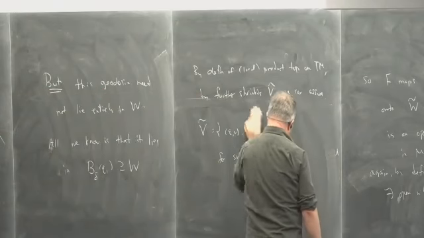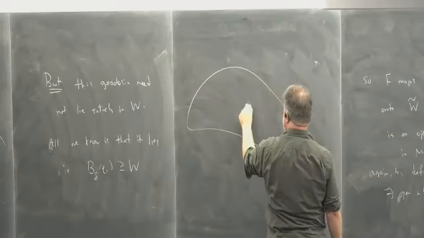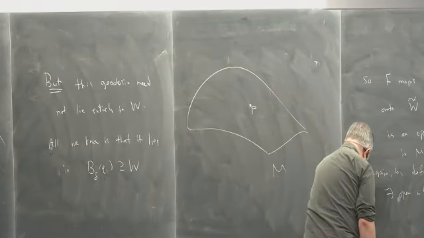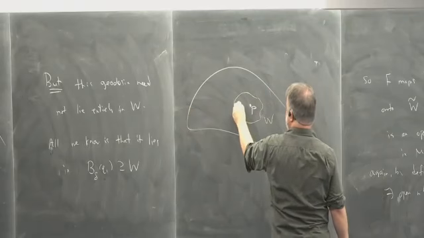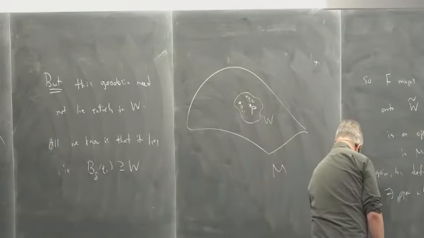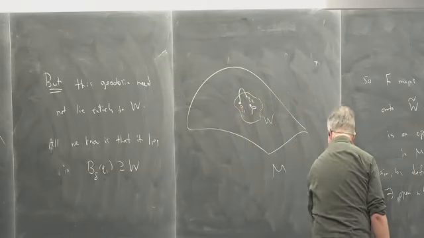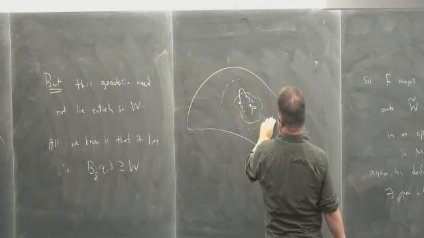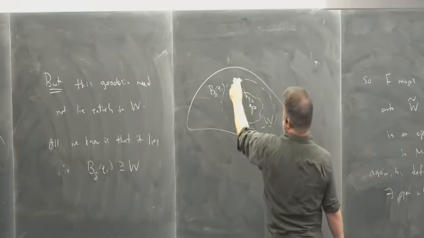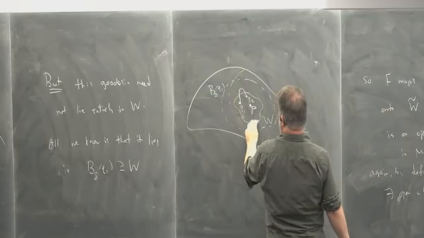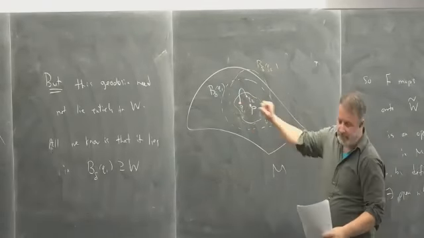So I'll draw a picture. So there's our manifold M. Here's our point P. What we've shown so far is that we can always find a small enough open neighborhood W of P, such that if you take any 2 points in here, Q1, Q2, there exists a unique minimizing geodesic from one to the other, but it might come out of W. The only thing we know is it lies inside B_delta of Q1, which contains W. It also lies inside B_delta of Q2, which contains W. But there's no reason for that geodesic to lie completely in W yet.